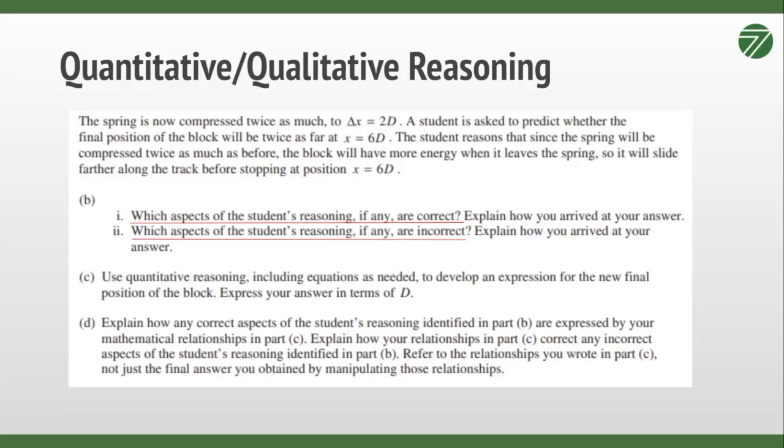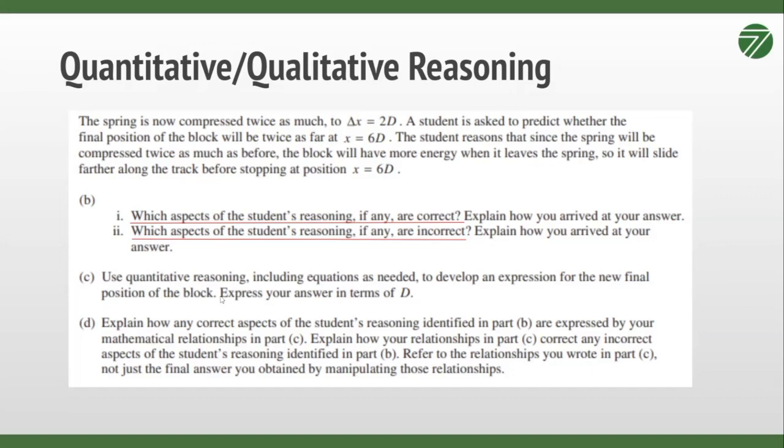I just have to cite evidence from the paragraph they gave me, saying this is what I observed is correct and incorrect. Then for C, they want me to do it myself. How would I solve these equations? How would I derive an equation?